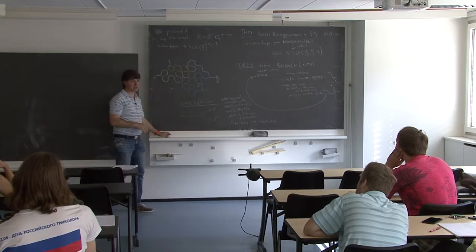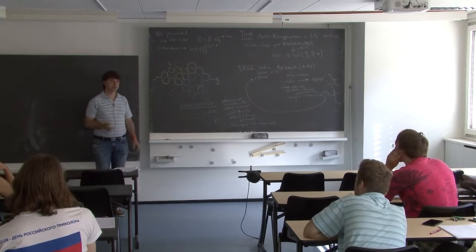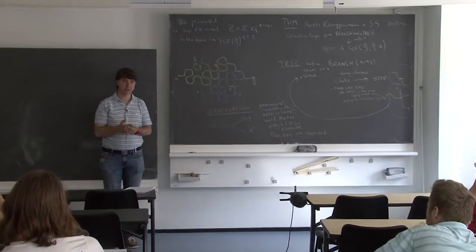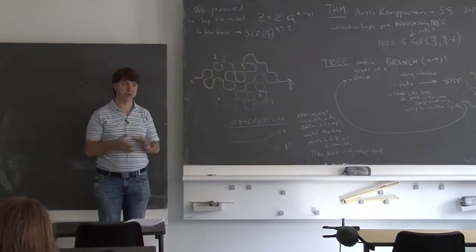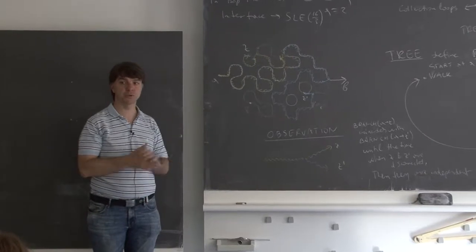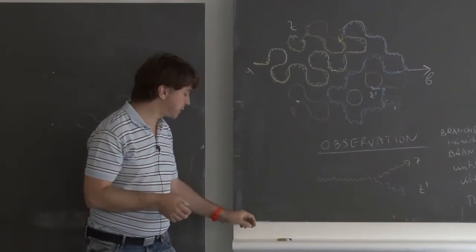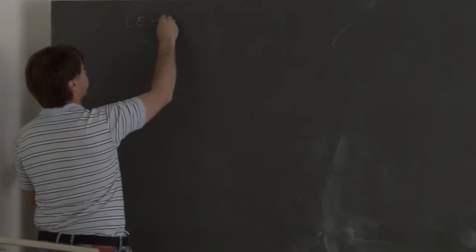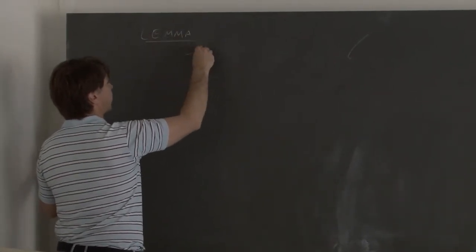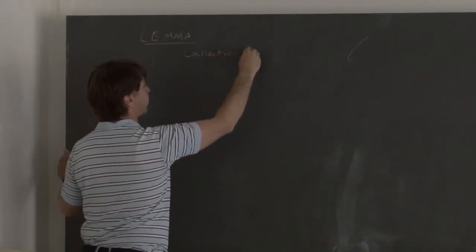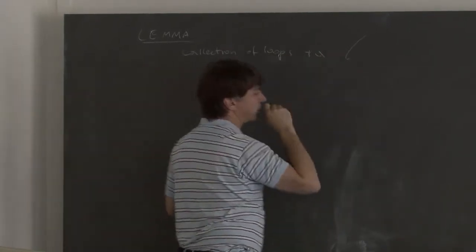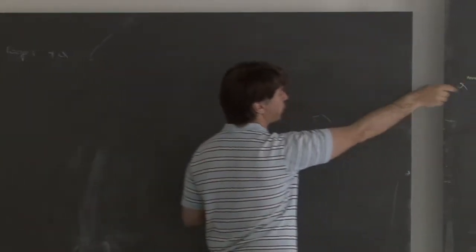So essentially what I'm saying is that if you have a collection of loops, you can then take scissors and glue. You cut each loop at one place, and you glue it to another loop, and then you get a tree. And there is a canonical way to do it, just using this exploration. So basically, the lemma is that if you start with a collection of loops plus point A, in principle you can start with a collection where there is no interface.